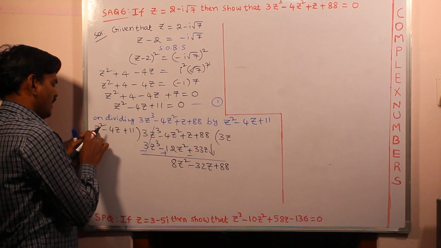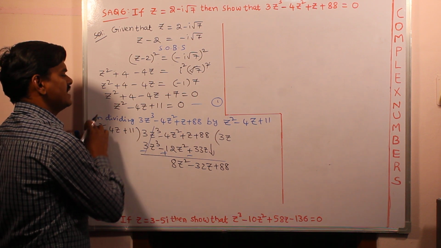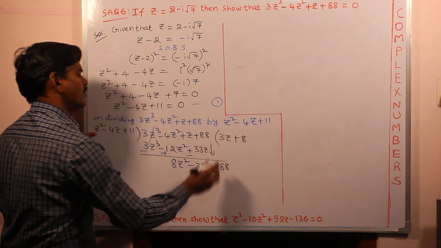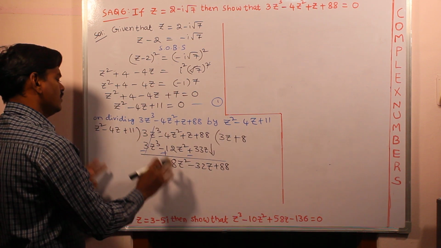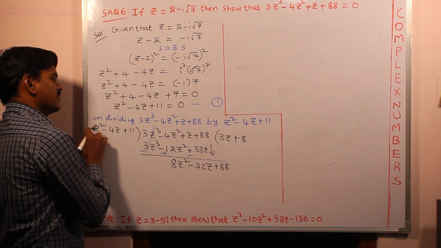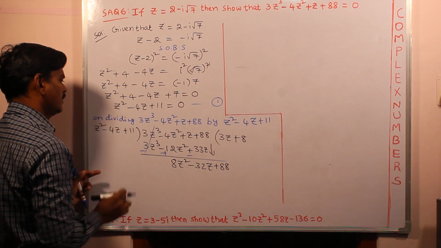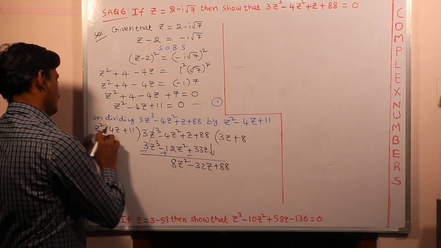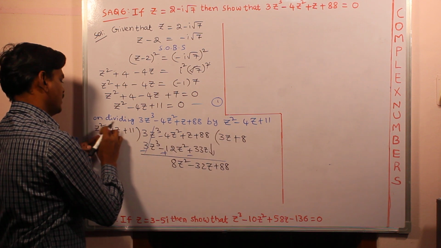Now continue the division process. Once again, here z square and here 8z square. If z square is multiplied by plus 8, we get 8z square. Or otherwise, 8z square divided by z square is 8, plus 8. Like that also you can write. Now we have to multiply each term of this polynomial by 8.